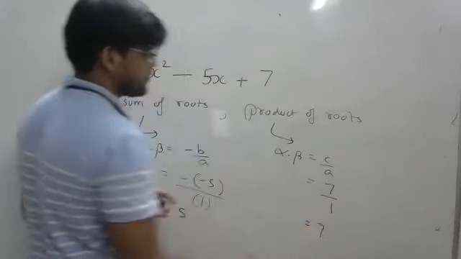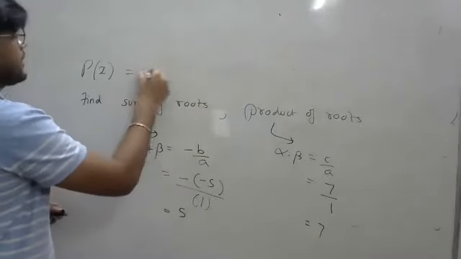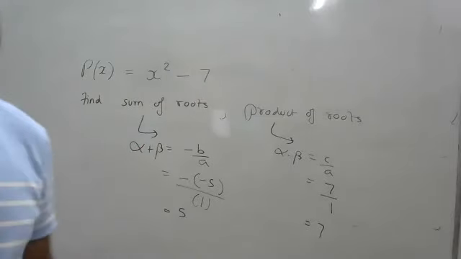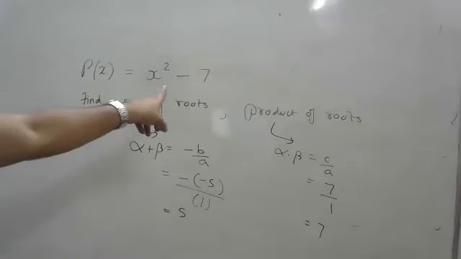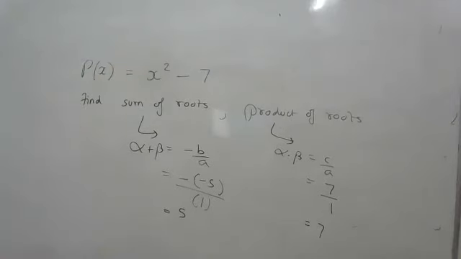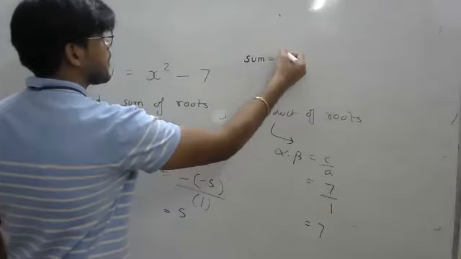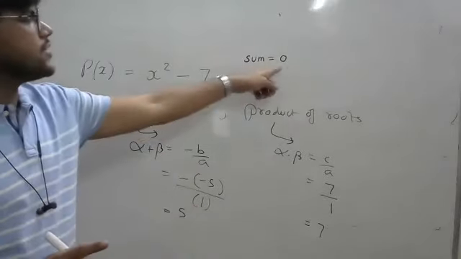So that will be 7. If I give you a question like x squared minus 7, what will be the sum and product of roots? Sir, sum will be 1 and product of roots is minus 7. The product is right, but the sum will be 0.